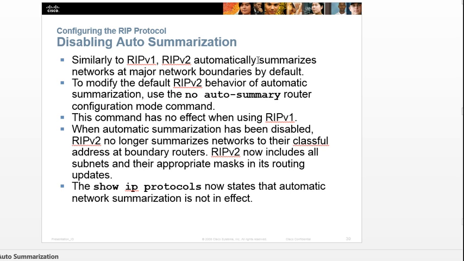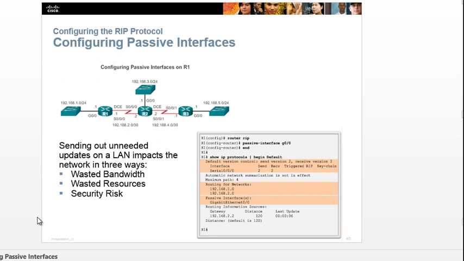This command has no effect on RIP1, however. When automatic summarization has been disabled, RIP2 no longer summarizes networks to their classful address. So now instead it's going to send every subnet out with its route updates. And the show ip protocols now states that summarization is off.